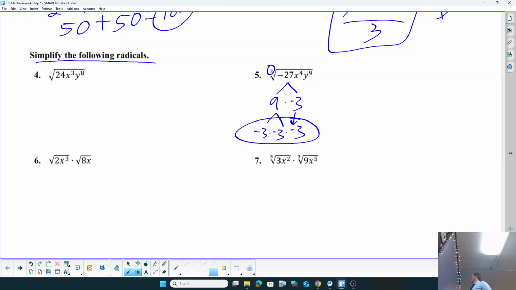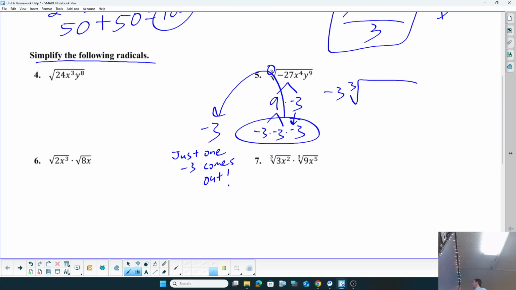You can take all 3 of those, and just one -3 comes out. So we get -3. We still have the cube root of x to the 4th power, where there's 4 of them.